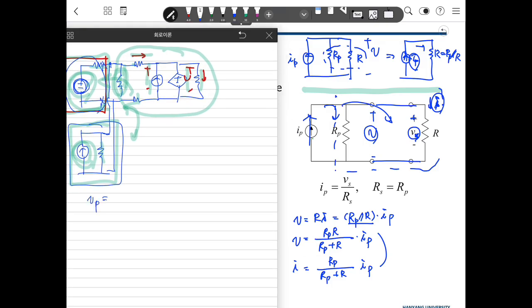Then V is Rp Ip minus I, so there will be Rp Ip and Rp I. That will be minus Rp I plus Rp Ip.